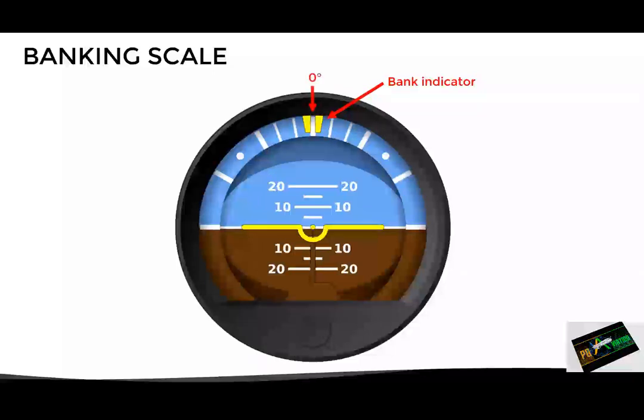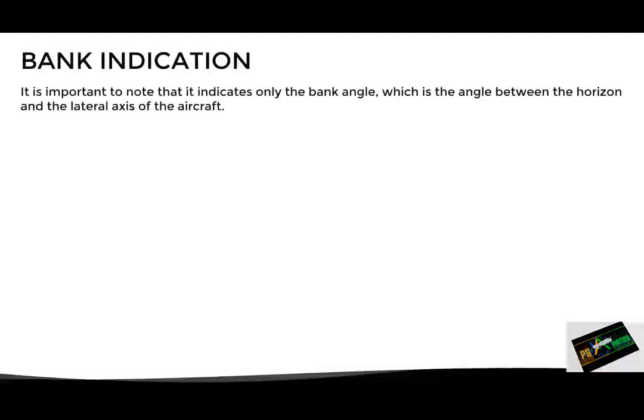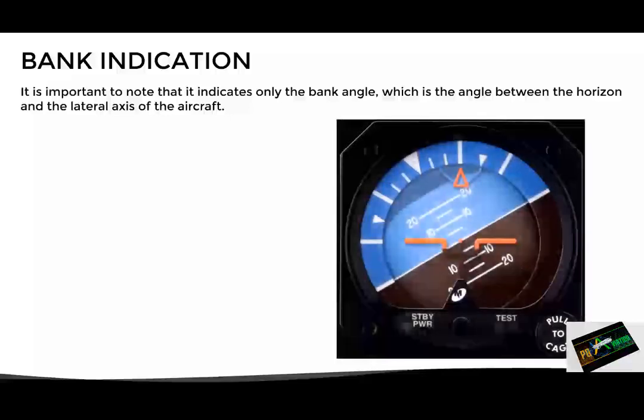The scale has several markings to either side that represent 10, 20, 30, 45, 60, and 90 degrees of bank. Now, something important to note is that this instrument indicates the bank angle only, which is the angle between the horizon and the lateral axis of the aircraft, as we can see here.